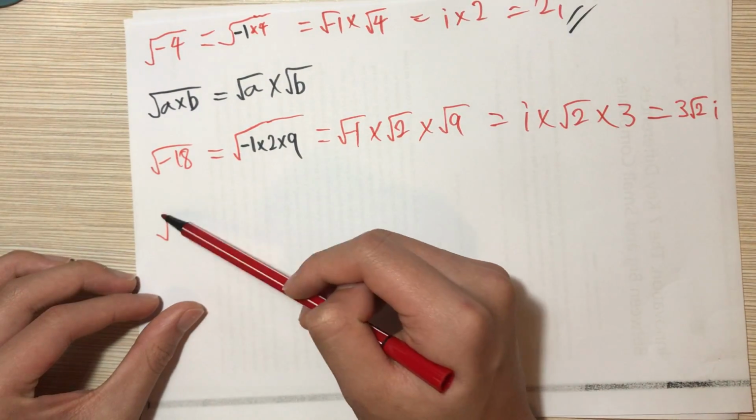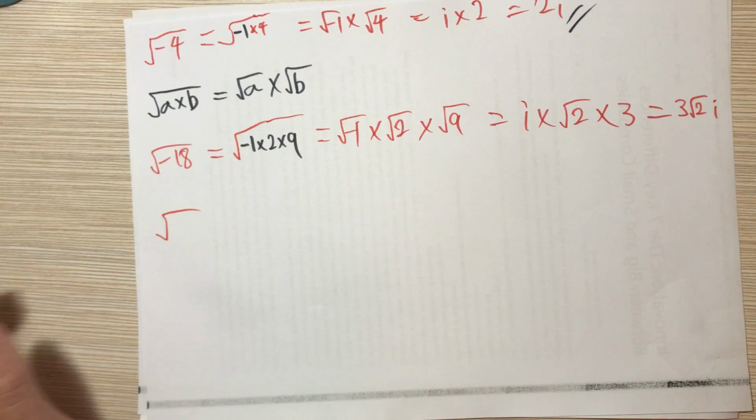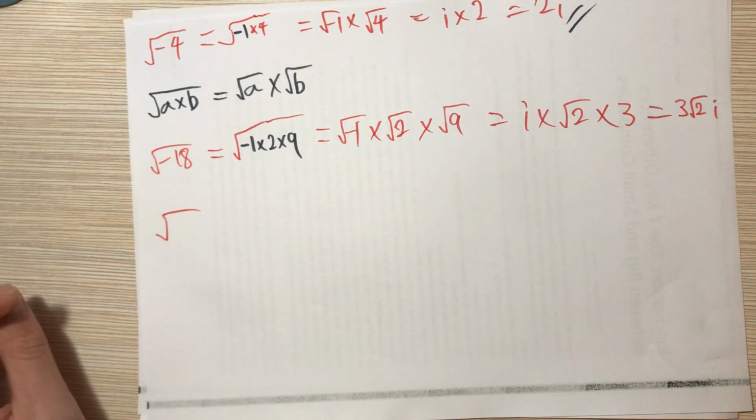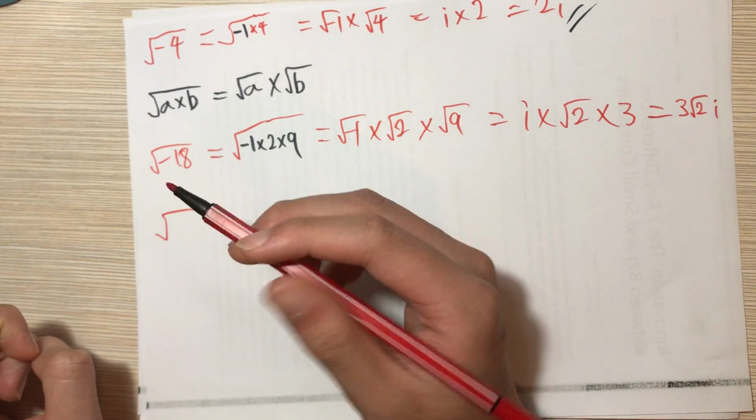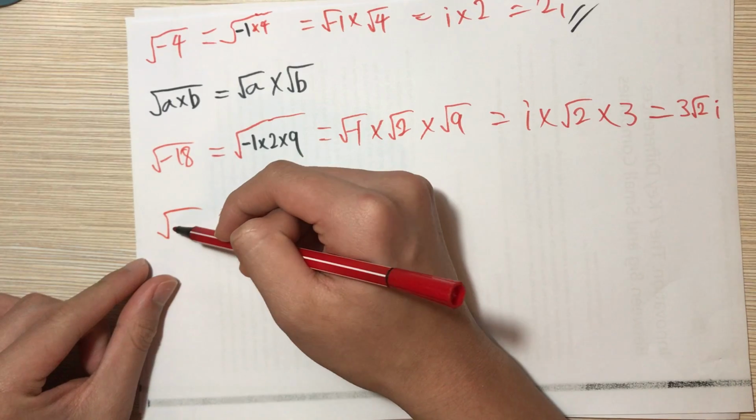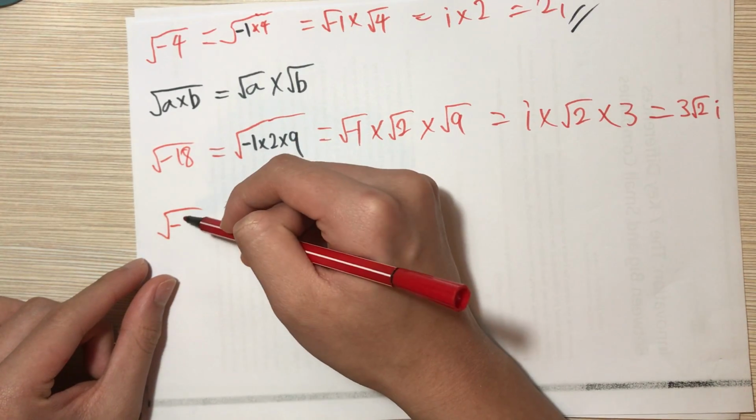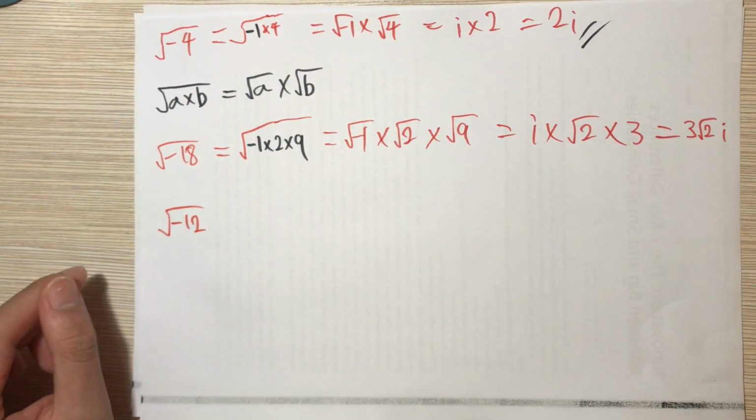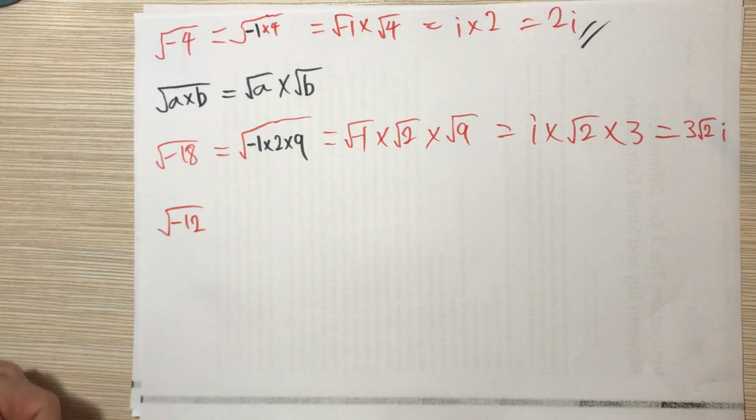So now let's do one more. What about the square root of negative 12? Now this is easy. What factor of 12 is a squared number?